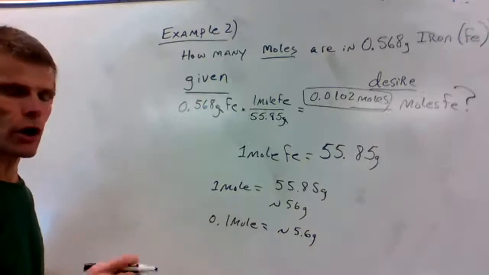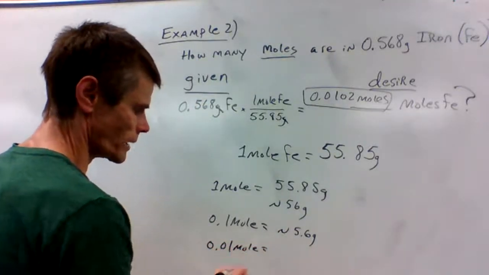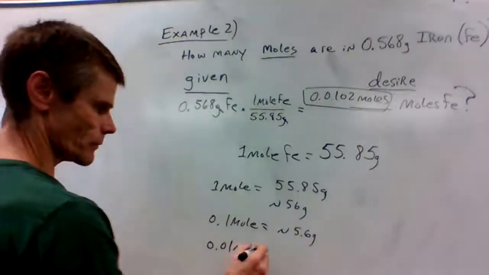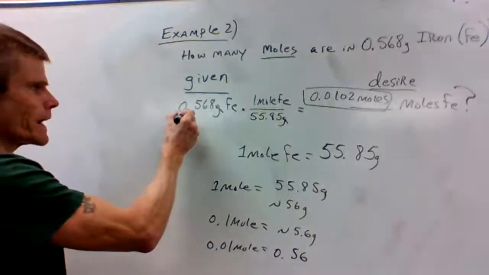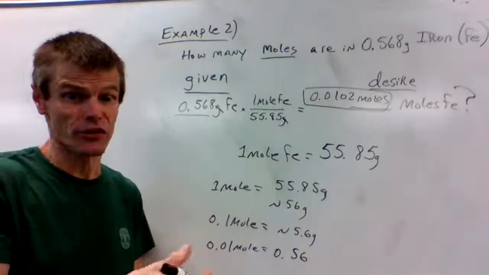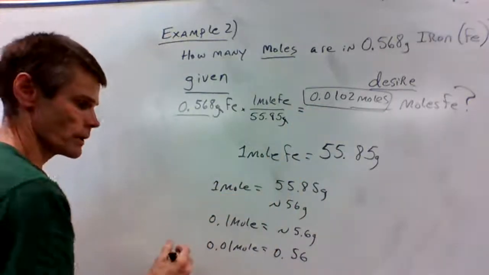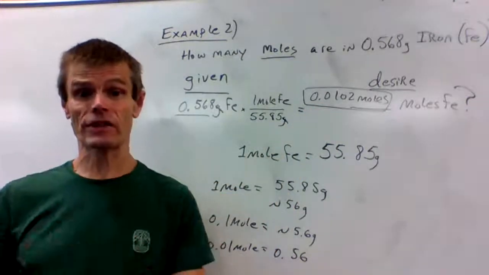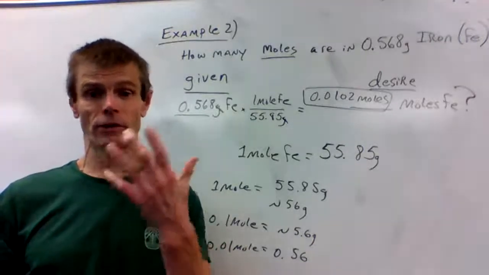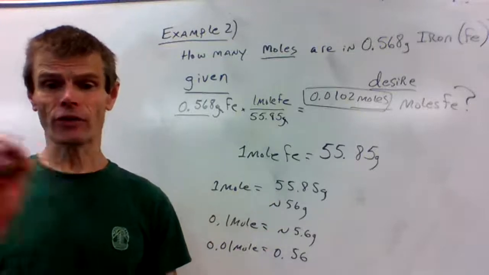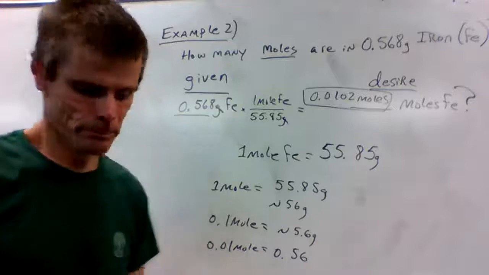How about 0.01 mole? 0.01 mole would be about 0.56. And that's what we have. We have roughly 0.56 or so, and we have roughly 0.01 or so. Once again, our answer seems reasonable. Good idea to check on the reasonability of your answer. This way, if you had an error with your calculator, you'll know. Just always check if your number makes sense.